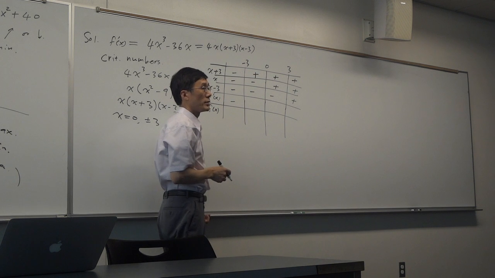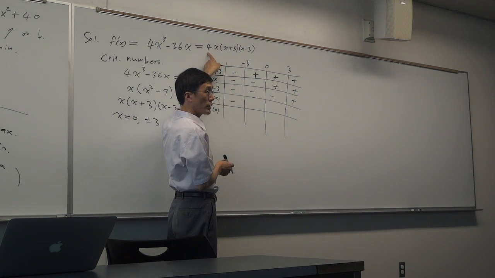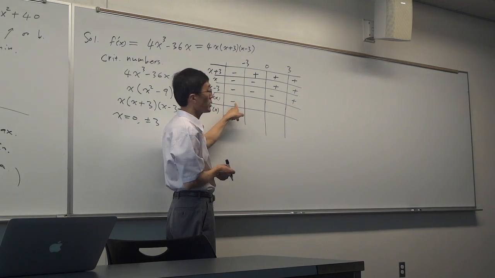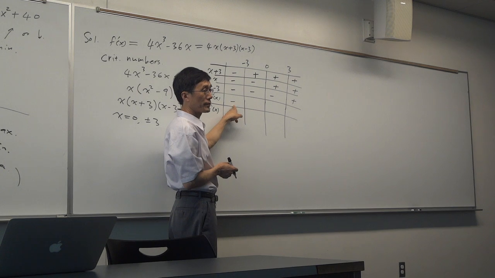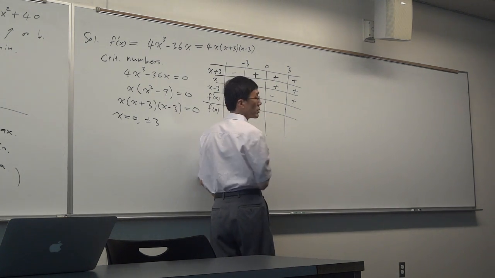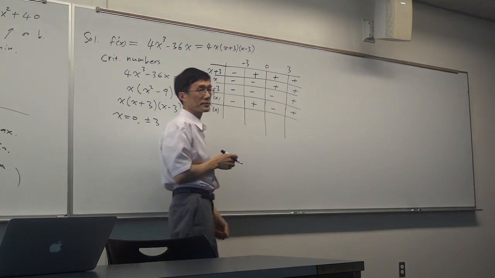So it's the product of these times 4. 4 does not change the sign. So you multiply 3 negative numbers, that should be negative. And this here should be positive. Here is negative, here is positive.